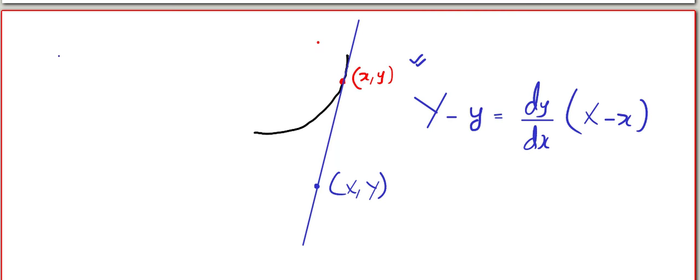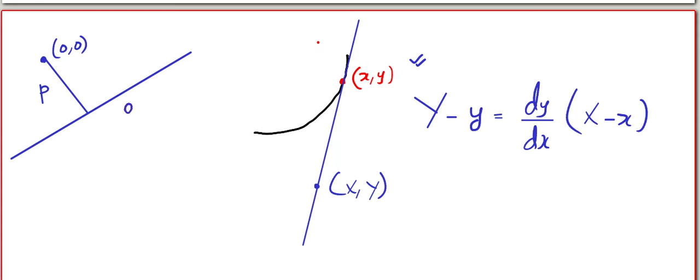Now next thing, distance between tangent and the origin. So this is our p. Do you remember? p means the distance between origin and the tangent. Now look at this.